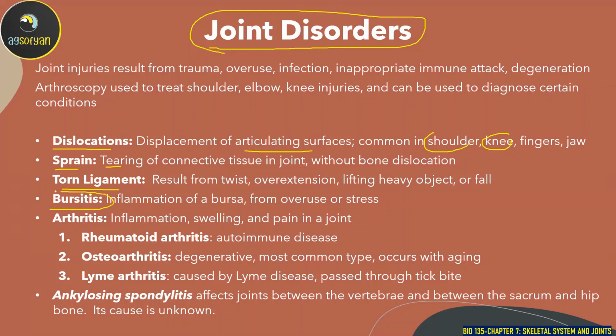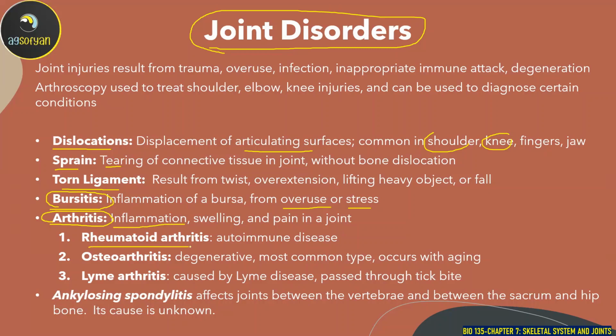Bursitis, I mentioned before, is inflammation of the bursa due to infections, and sometimes also because of overuse and stress. And then arthritis. There are several types of arthritis, and that is inflammation of the joint in general.